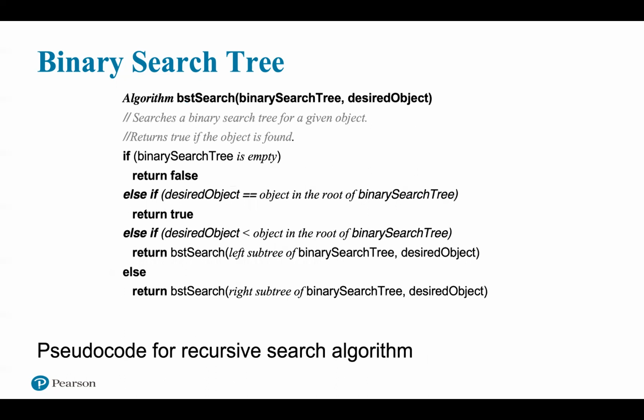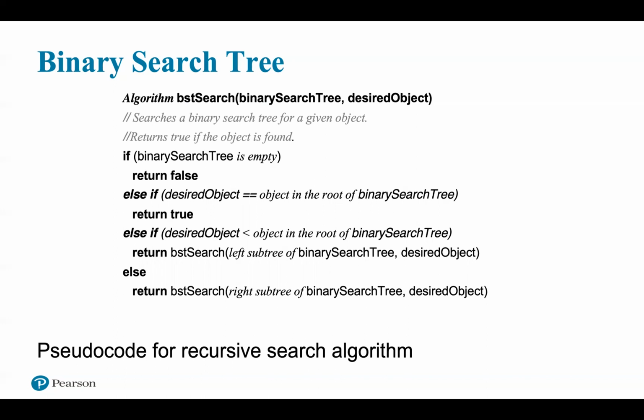Okay, for searching a binary search tree, the organization of the nodes enables us to search the tree for a particular data object given its search key. For example, suppose that we search the tree in figure 24-19 for the string Jim. Beginning at the root of the tree, we compare Jim and Jared. Since the string Jim is greater than the string Jared, we search the right subtree of the root, comparing Jim to Megan.